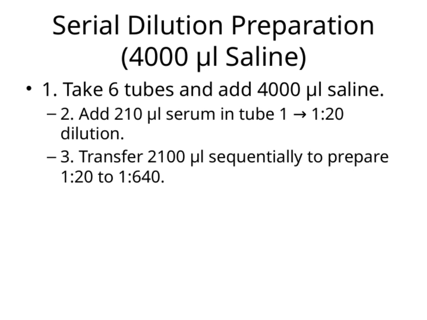This serial dilution method is a fundamental technique in our experiments because it allows us to create a range of concentrations. That way, we can accurately determine the serum's activity across different dilutions, which is critical for reliable analysis.